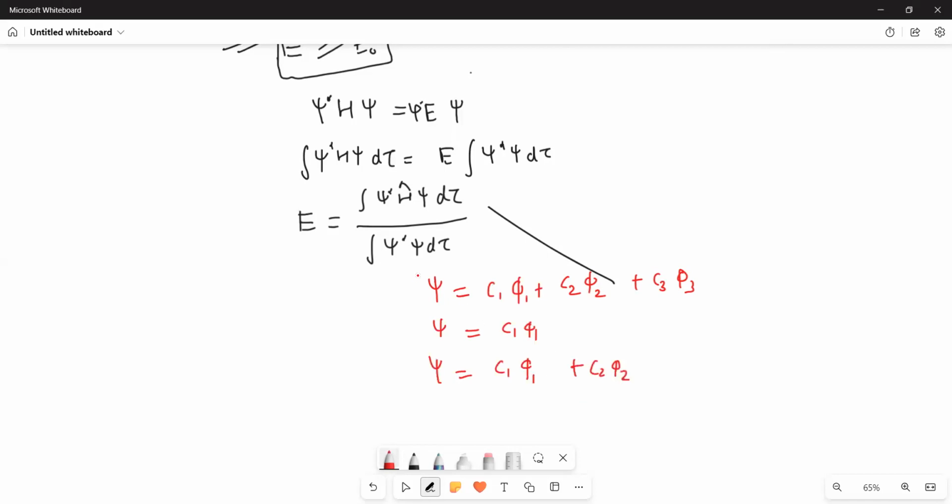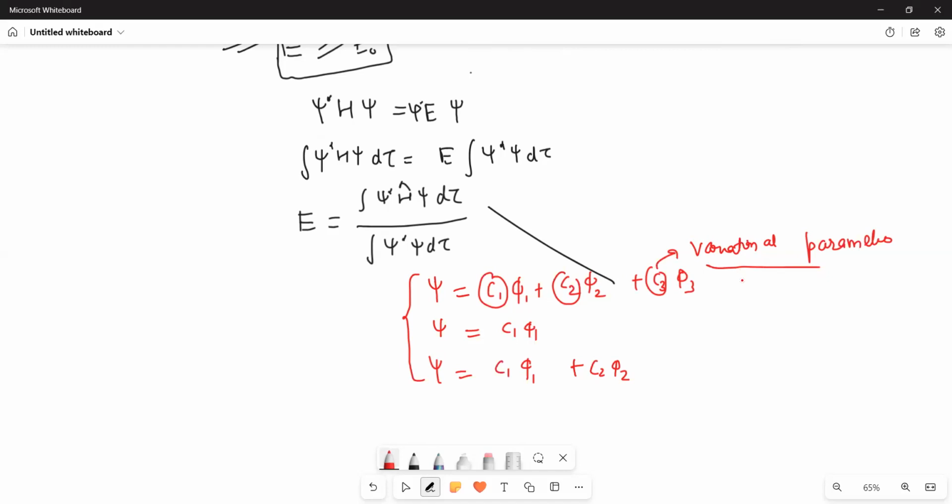These kinds of wave functions are considered as trial wave functions, which include some parameters c1, c2, c3. These c1, c2, c3 are known as variational parameters, which are adjustable. We can adjust these parameters in such a way as to get minimum energy.